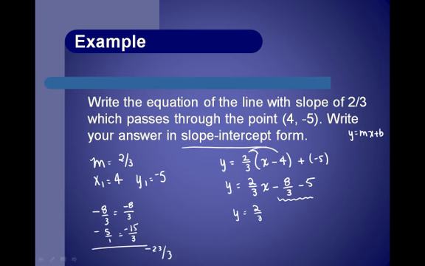We get negative 23/3. So we get y equals 2/3 x minus 23/3. This is the equation that passes through 4, negative 5 and has a slope of 2/3.